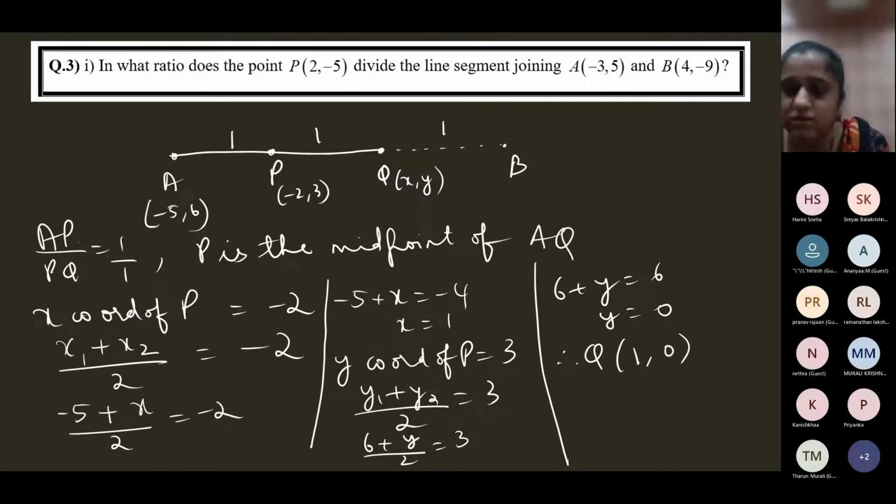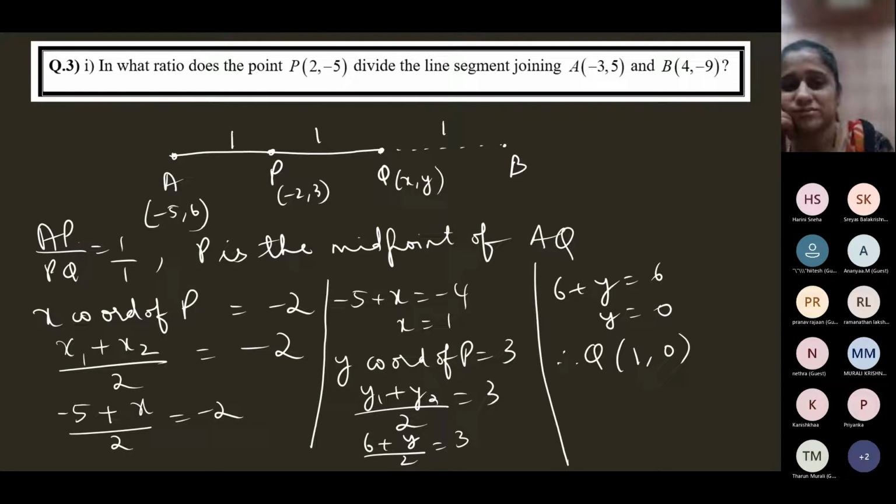Yes, Shreyas. Ma'am, in the same line segment AB, if we ignore AP and take QB, we would take the midpoint as Q, no, ma'am, then we would directly substitute it in the midpoint formula. Yeah, you can do that also.